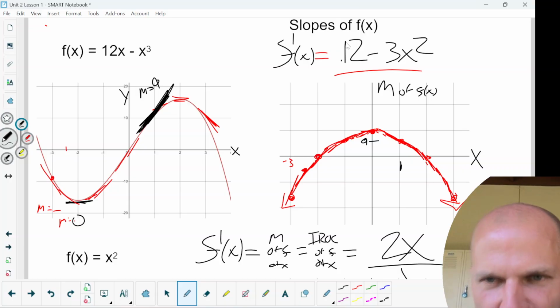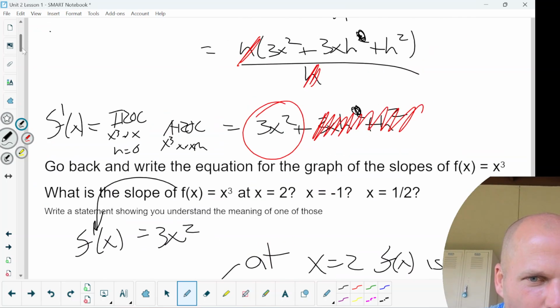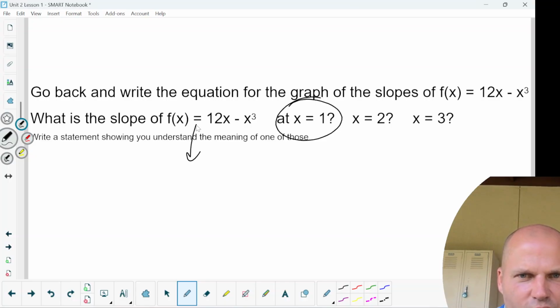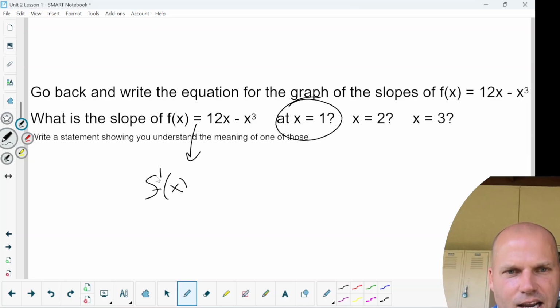What number were we looking for earlier? This number 9. Do we see 9 from the equation? I hope we do, because if we know the slope equation for 12x minus x cubed, the slope of f at x is just 12 minus 3x squared.